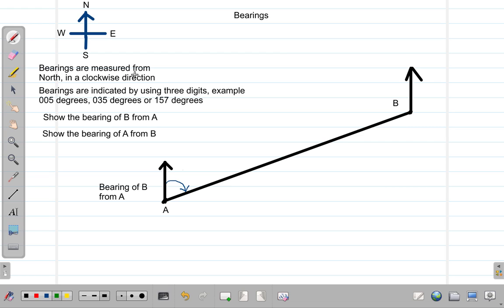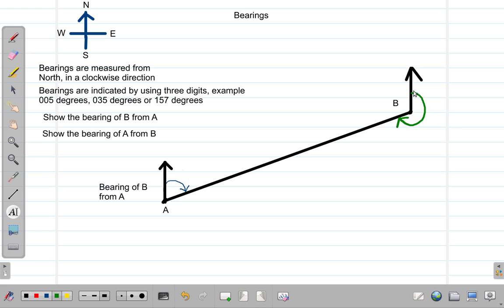Remember, it's from the north in a clockwise direction. So you draw from the north in a clockwise direction, going round, and this is your angle. Alright? That's your angle, showing the bearing of A from B.